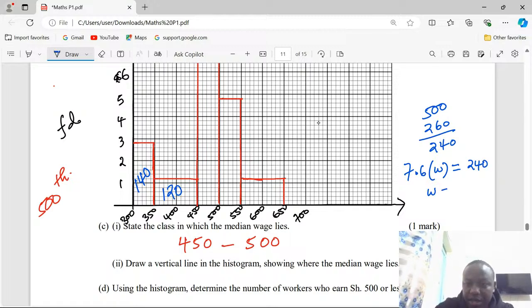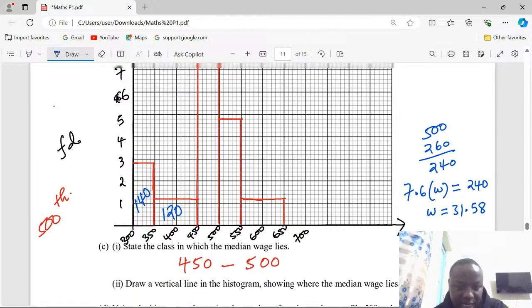So the width is going to be, when we divide 240 by 7.6, a width which is equal to 31.58. So we intend to add 31.58.